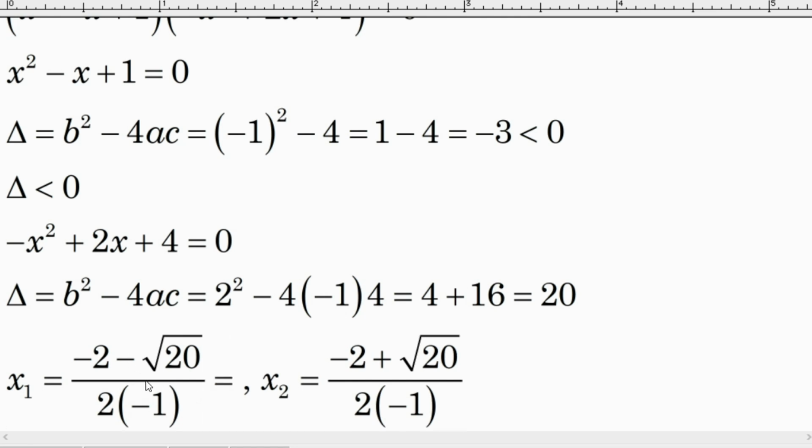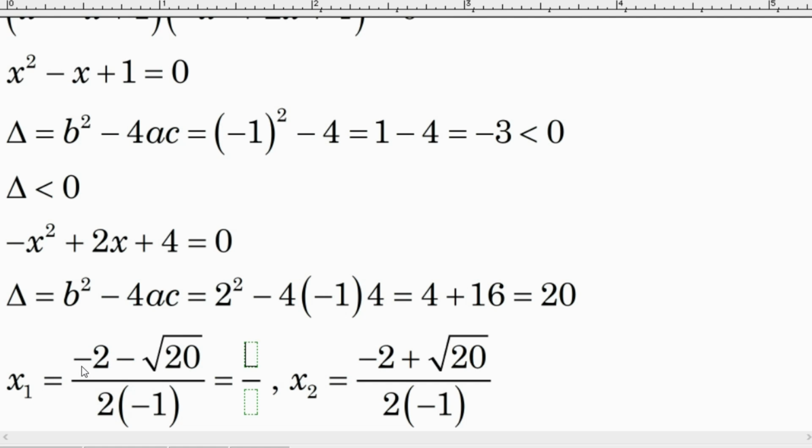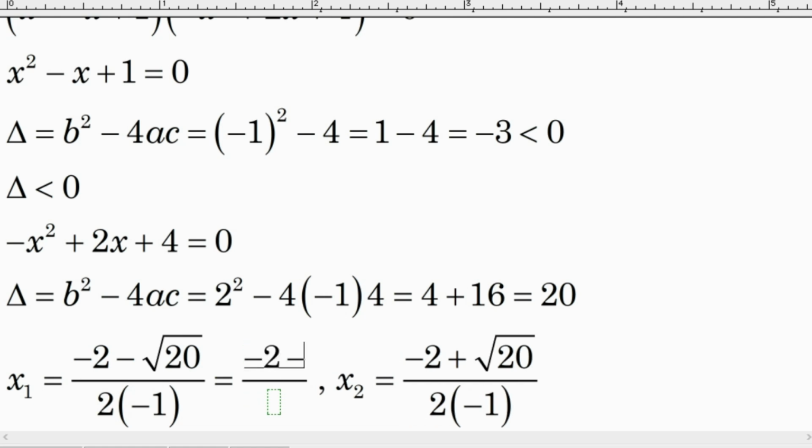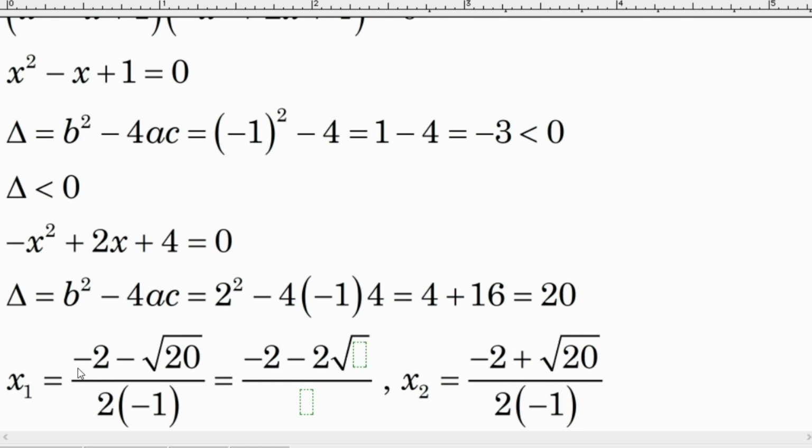So here we have minus 2 minus the square root of 20. Minus the square root of 20 can be written as minus 2 square root of 5, and then minus 2.